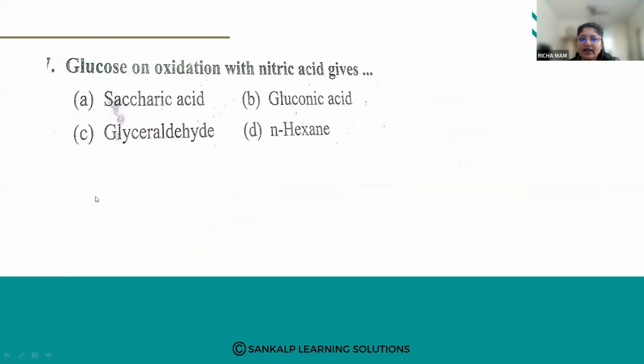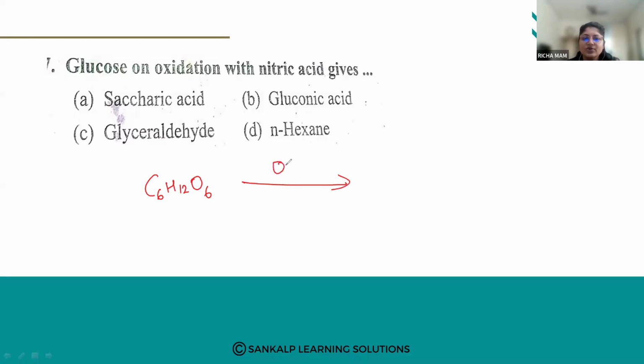Glucose on oxidation with nitric acid gives: A, saccharic acid, gluconic acid, glyceraldehyde, and hexane. So glucose, C6H12O6, when it undergoes oxidation in the presence of nitric acid.